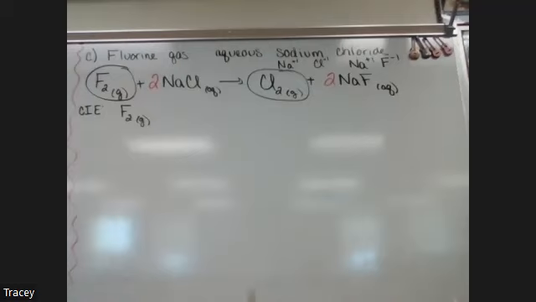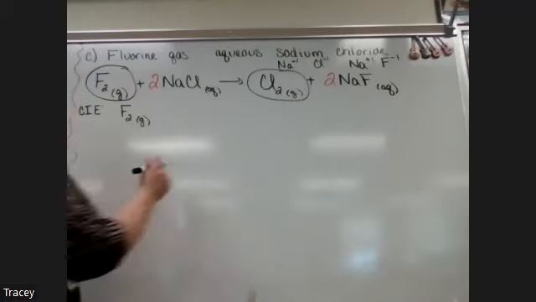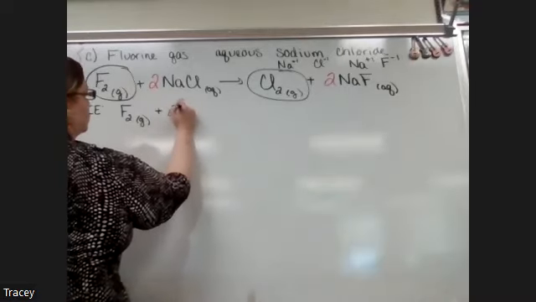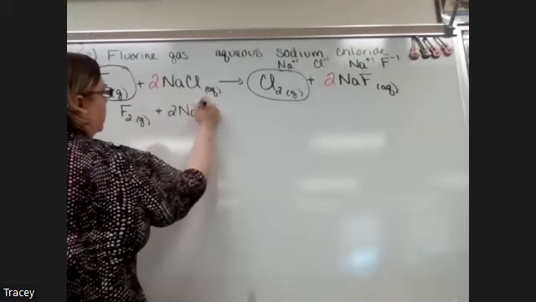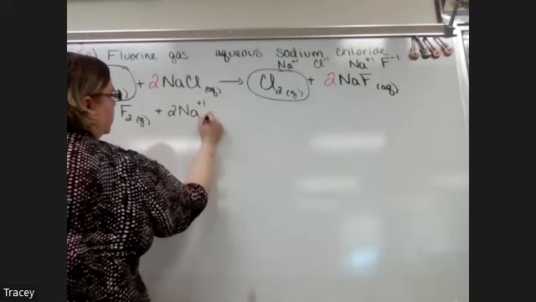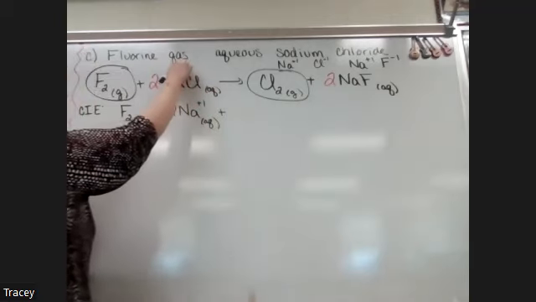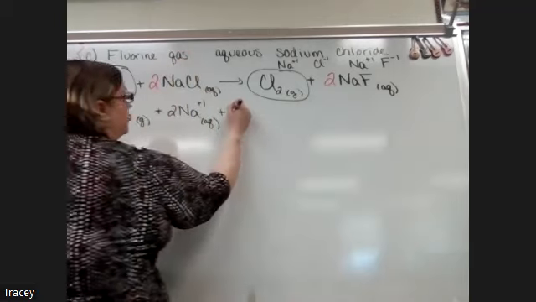The only difference between non-metal replacement and metal replacement is the non-metals are diatomic. So it's going to be F2 gas. We come to something aqueous, so we're going to split it apart. So the 2 Na +1 aqueous. Now that 2 distributes to the Cl as well.